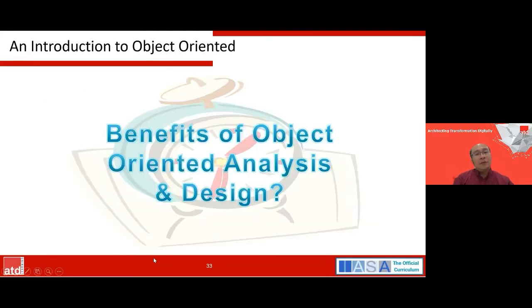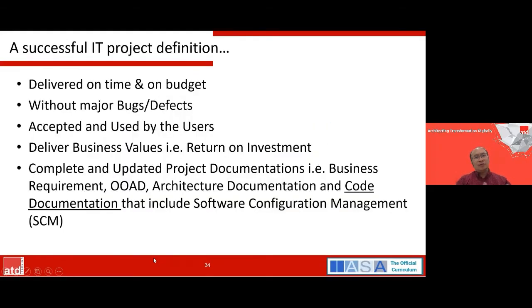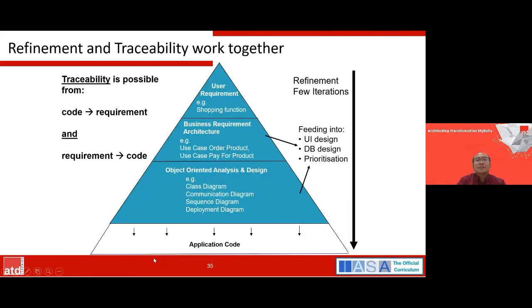So what are the benefits of object-oriented analysis and design? This is what we want to achieve. We want to deliver on time, on budget, without major bugs or defects. We want the system to have business value, meaning not only do we build fast, because object orientation also encourages reusability, but if there are any changes, we can respond fast because we have a proper component design.